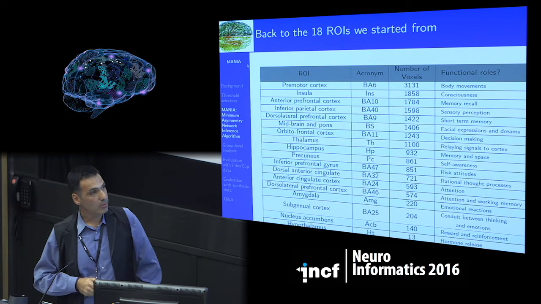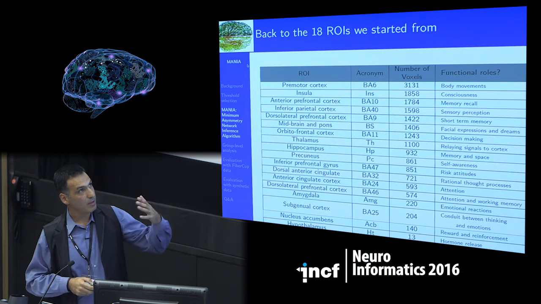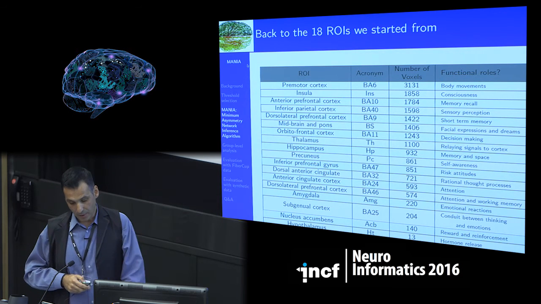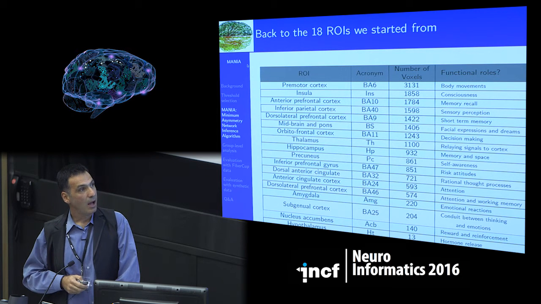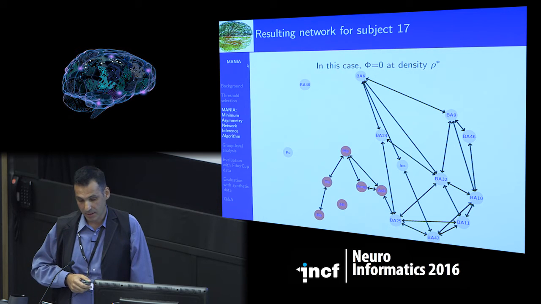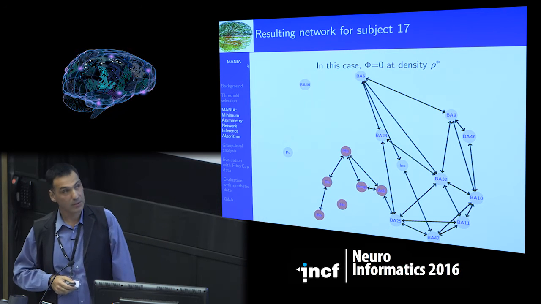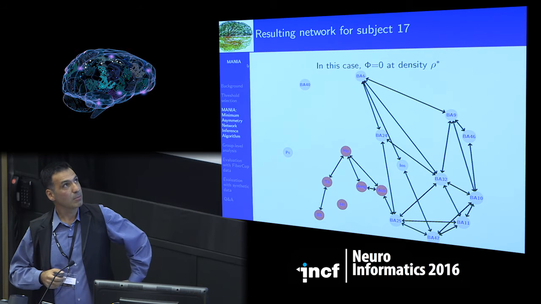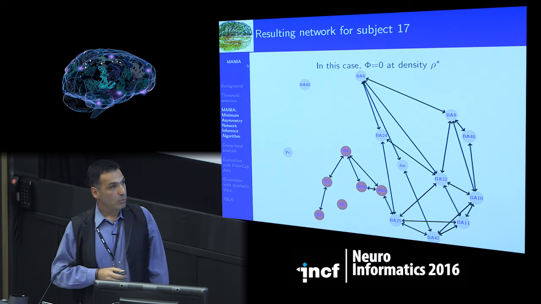So let's go back to where we started from when Ellen gave us this list of ROIs. We were looking only at ipsilateral connections. And so for a single subject in that study, we had a set of 28 subjects, female, healthy subjects, around 20 years old.